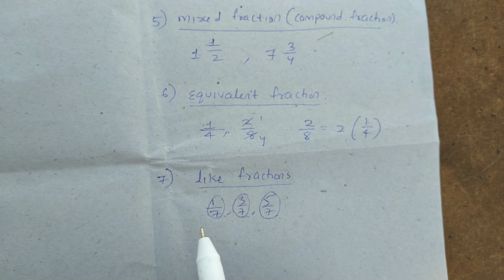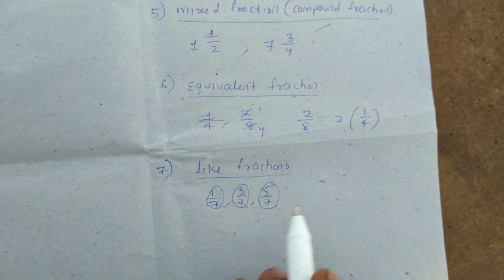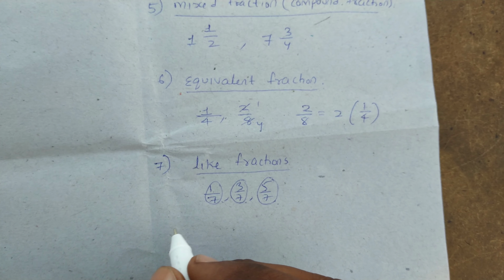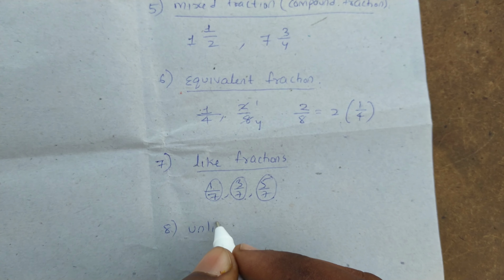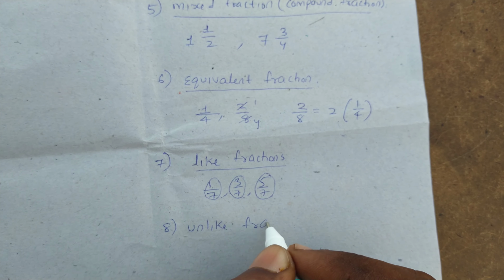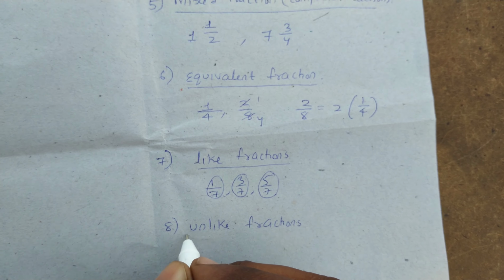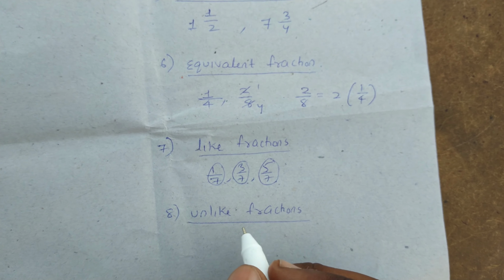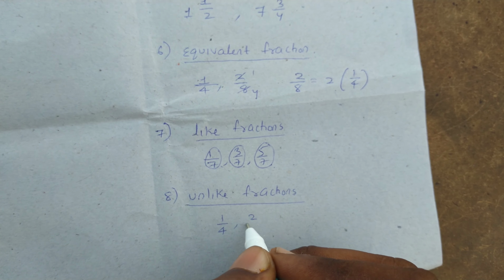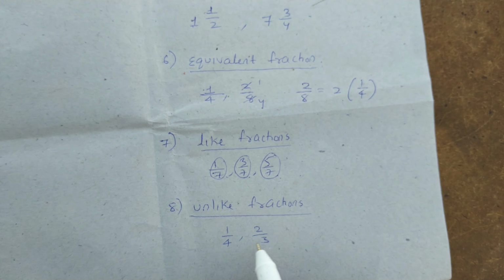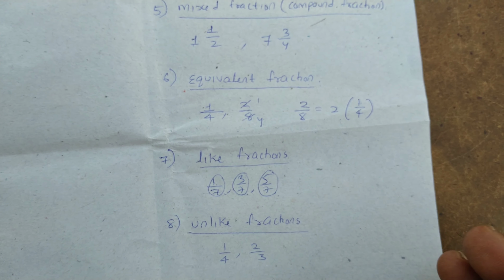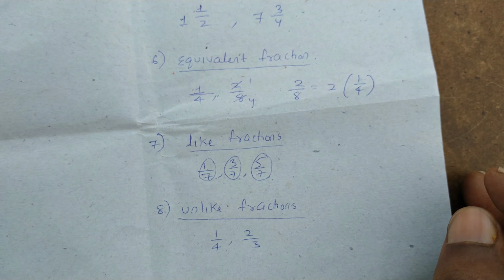Unlike fractions means they have different denominators. Suppose 1 by 4, comma, 2 by 3. This is an unlike fraction because they have different denominators.